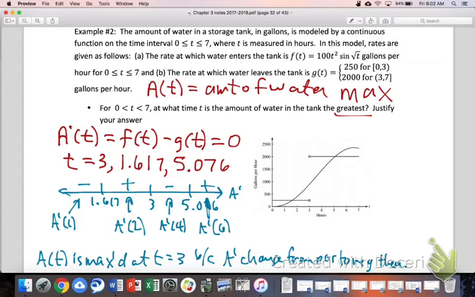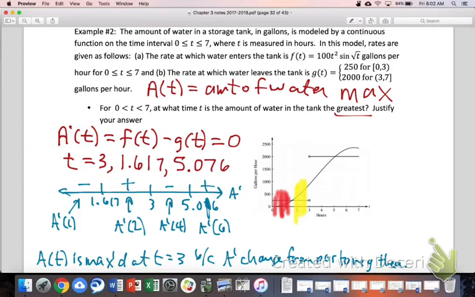Yeah. Okay. If g of x is greater than f of x, then A of t is decreasing. So you really could look at this in terms of intervals. Right here, on that interval, wouldn't it be fair to say that the rate leaving is bigger than the rate coming in? So that means that when we transition over to this interval, where the rate coming in is bigger than the rate going out, that makes that 1.6 number a minimum, doesn't it?